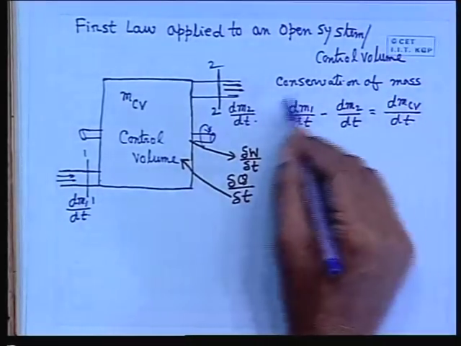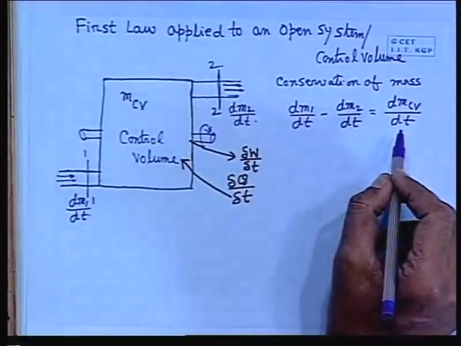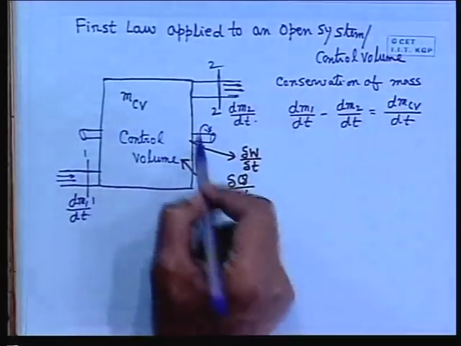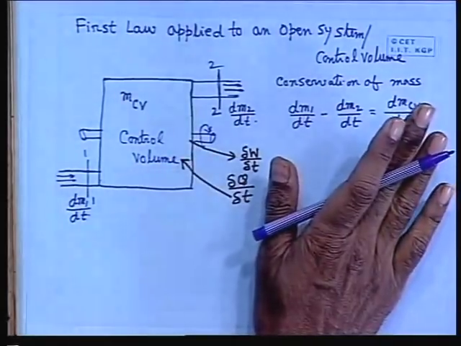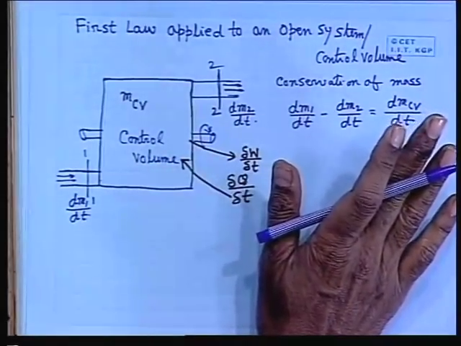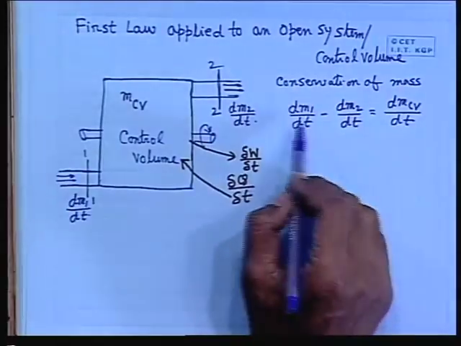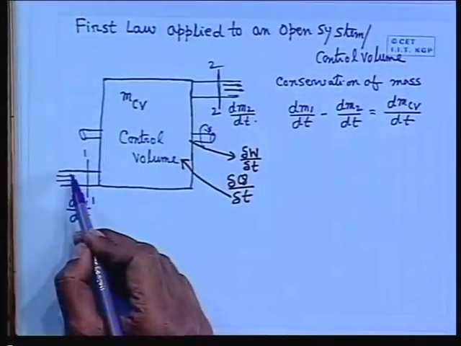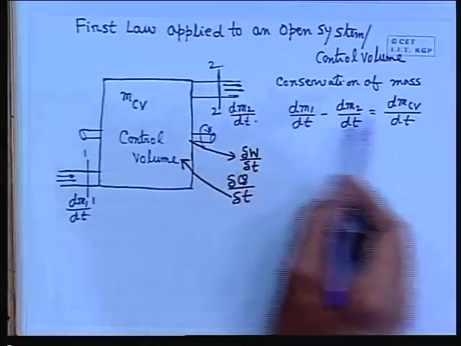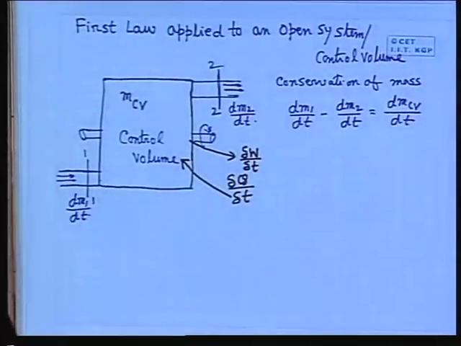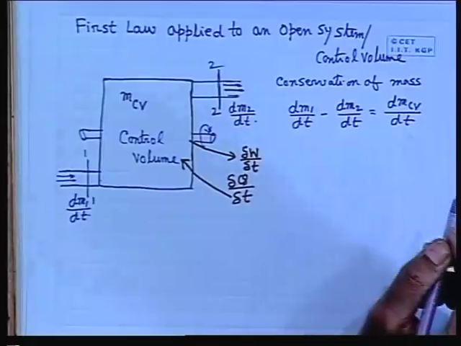This is simple conservation of mass, which was exploited in fluid mechanics to derive the equation in terms of the velocity components, which we are not doing here, that is known as the popular continuity equation. So, basically conservation of mass tells us that the rate of mass inflow minus the rate of mass outflow is the rate of increase of control volume mass, dmCV dt.